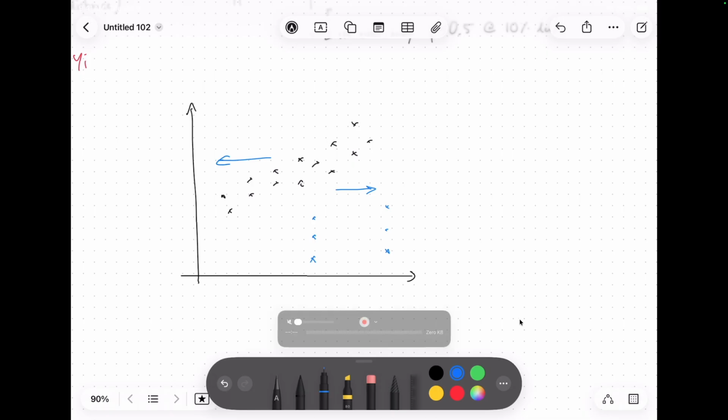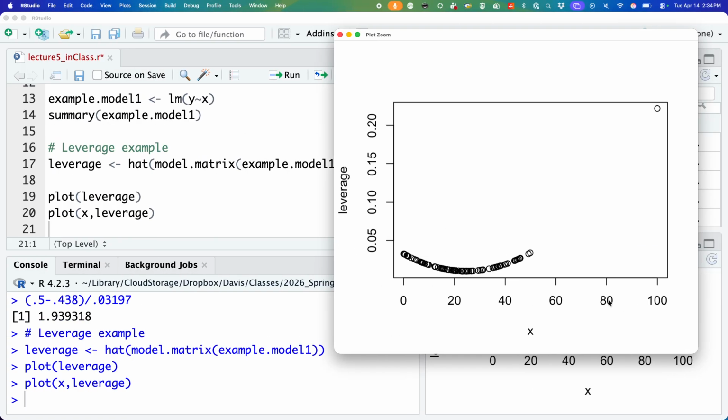And that's why you see this type of pattern. So just know that there is some fundamental relationship between the leverage and the location of the data points that doesn't actually have to do with how different a data point looks from the rest of the data.